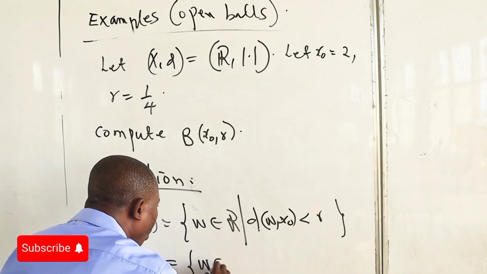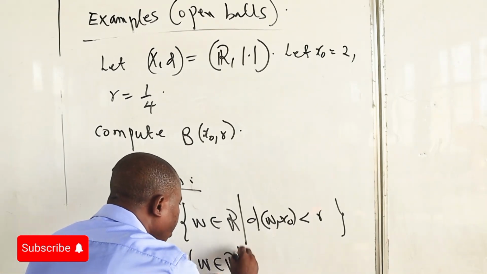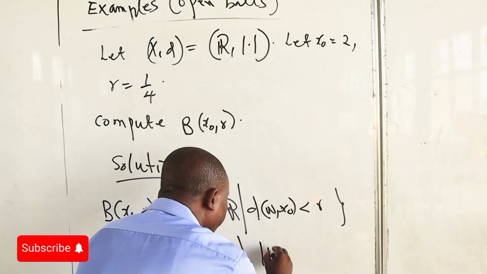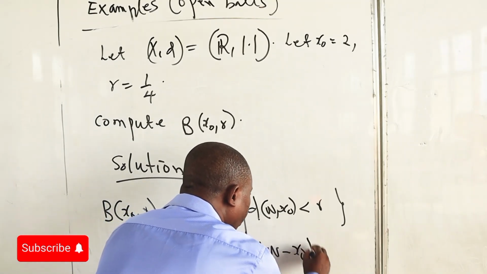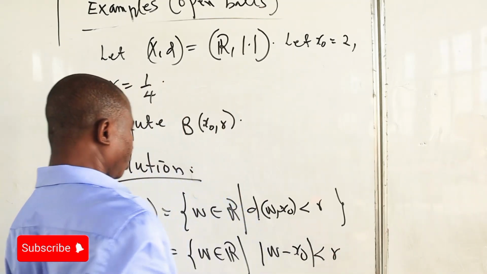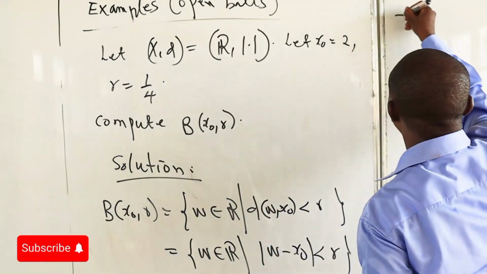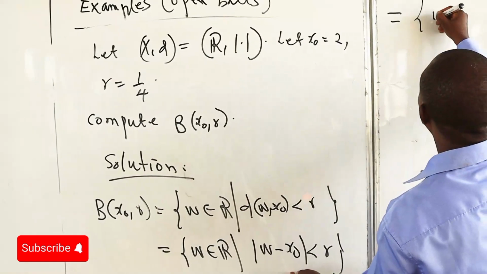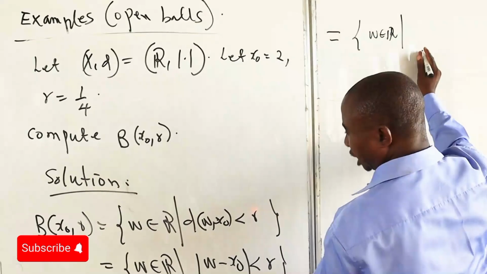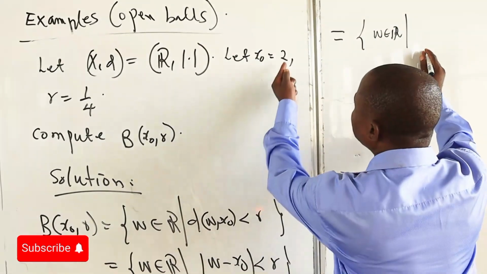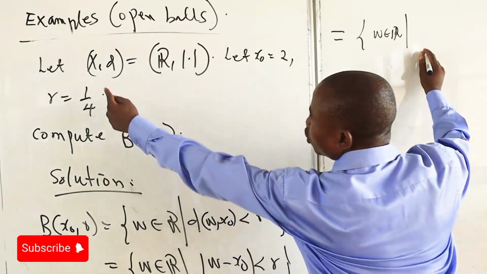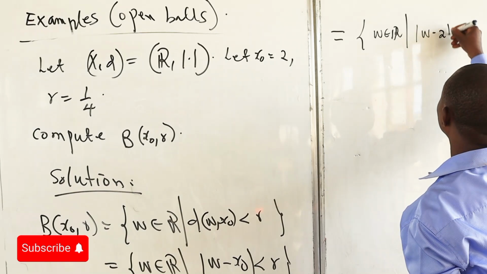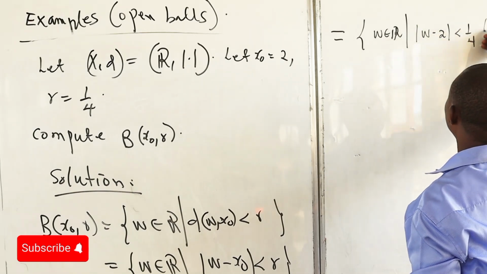This is the collection of all w in R such that d of w comma x naught, the absolute value of w minus x naught, is less than r. And then this is the same as all w in R such that, who is x naught? It is 2. Who is r? It is 1/4. So such that the absolute value of w minus 2 is smaller than 1/4.